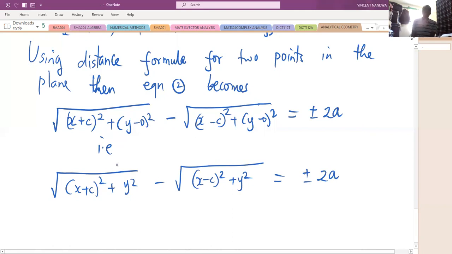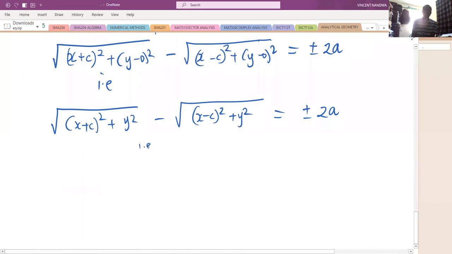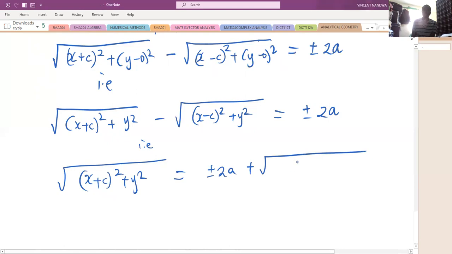To simplify this equation so that we do away with the square root signs, take this term to the right-hand side, so that we have the square root of X plus C squared plus Y squared equals plus or minus 2A plus the square root of X minus C squared plus Y squared. So that's step 1.